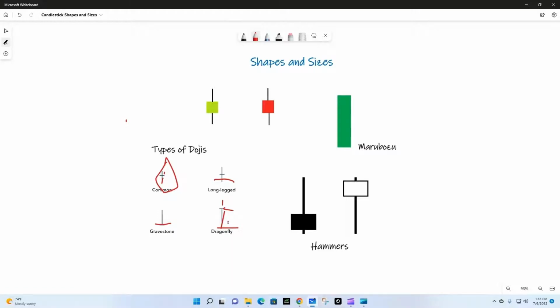Then price came back and closed at the same price point, that is $1,000. So what's the psychology behind it?